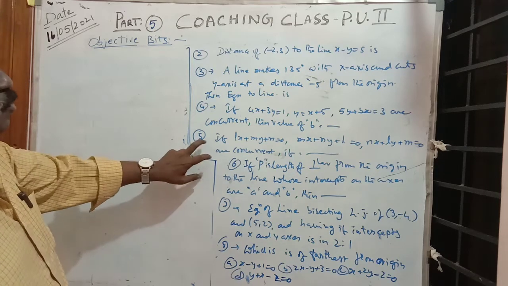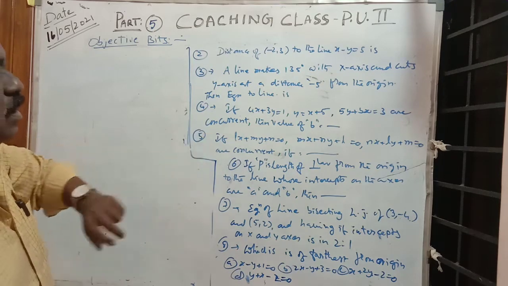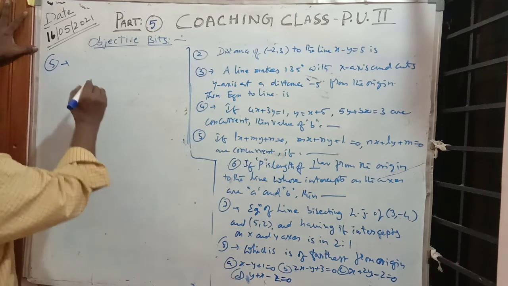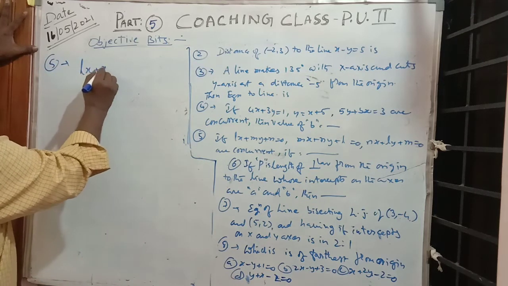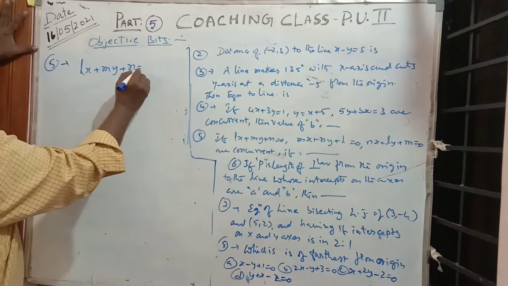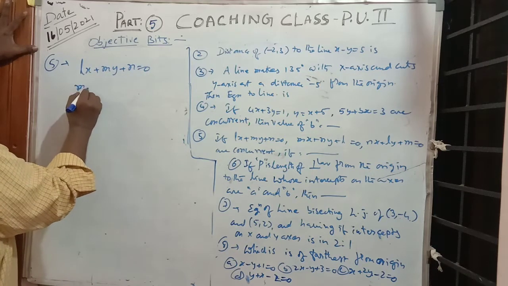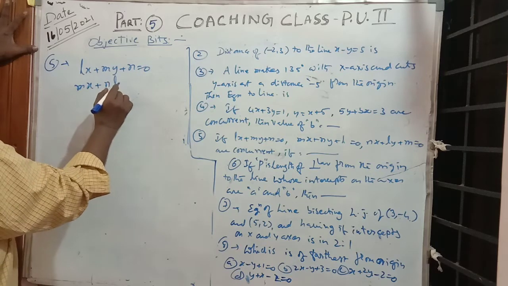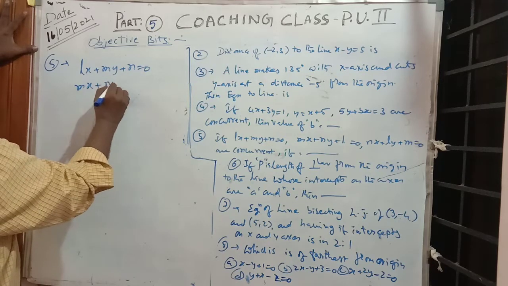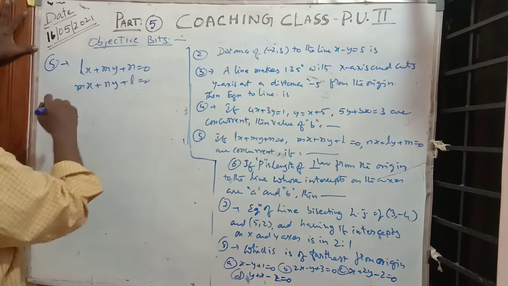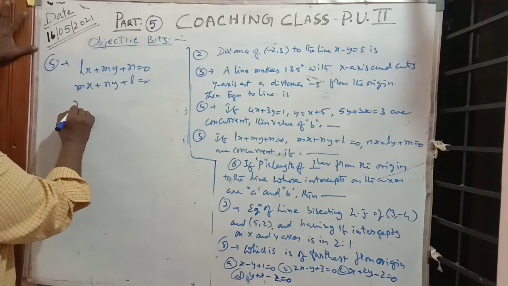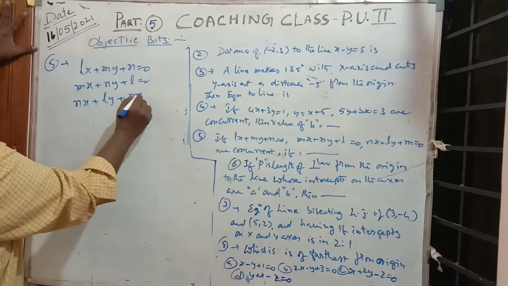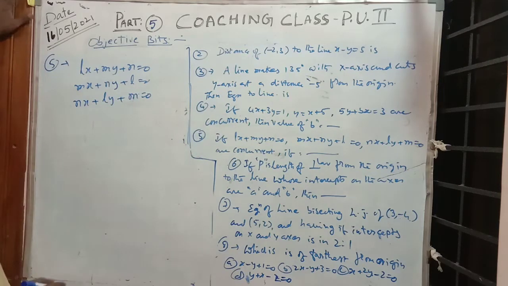Here the fifth question is also related to concurrent lines. We are given 3 lines: Lx plus My plus N is equal to 0, Mx plus Ny plus L is equal to 0, in cyclic order, and Nx plus Ly plus M is equal to 0, that is given.